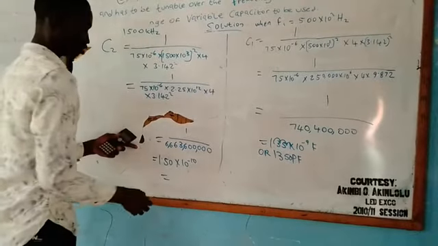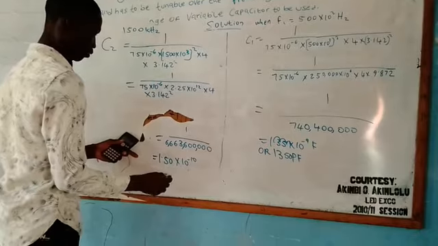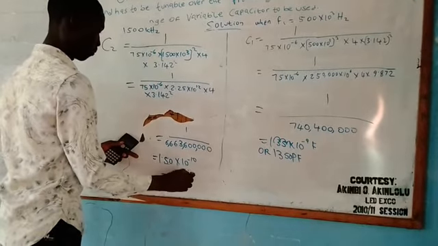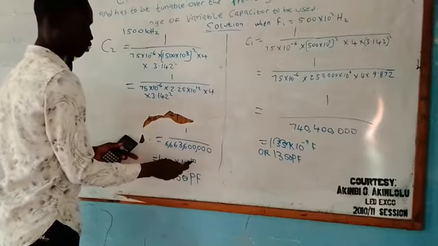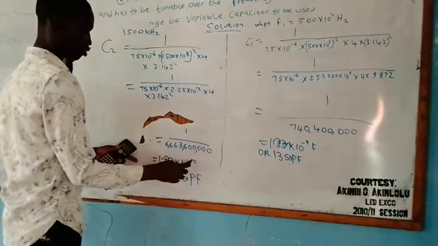Now 10 raised to minus 10 is not up to 10 raised to minus 12. That will give us pico. So what we're going to do, we're going to move that point forward 2 times, making it minus 12. Then we're going to have 150 picofarad.